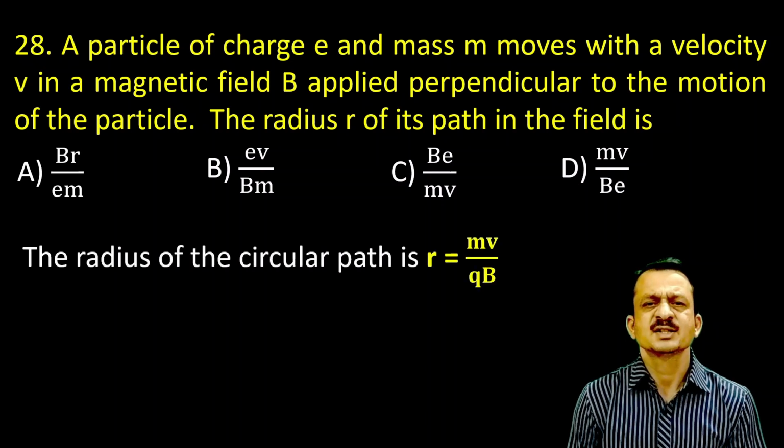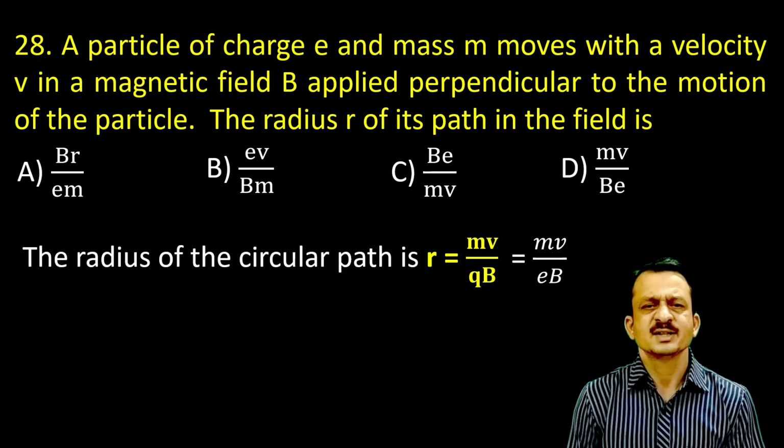Now here the charge is given, q is equal to E. Therefore it is mv divided by E into B or B into E. So therefore D is the right answer here.